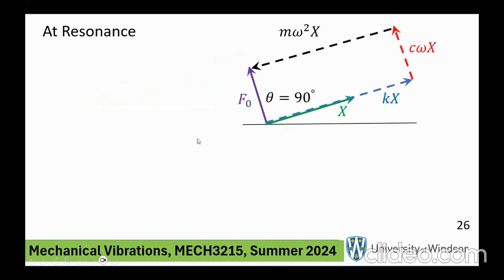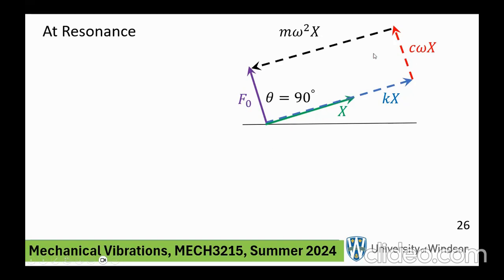Now at resonance, that theta is 90 degrees. That phase difference is 90 degrees. So the phasor diagram at resonance becomes this rectangular shape. The phase difference between the applied force and the displacement becomes 90 degrees.